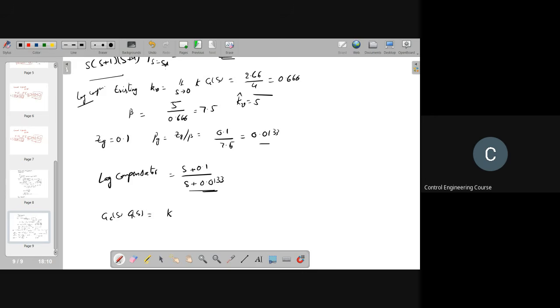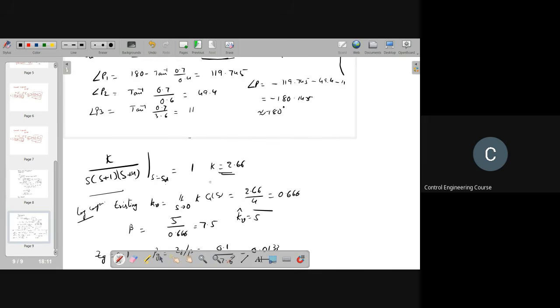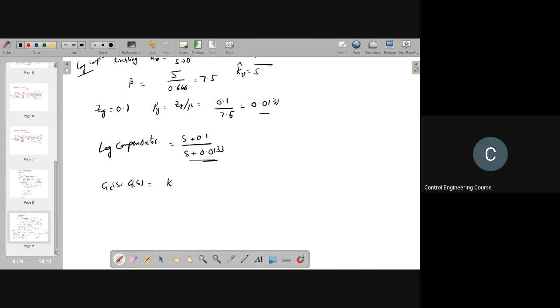Whatever we calculated at first is enough. You can take it, or even verify it. So the open loop transfer function is K into s plus Z_c by s plus P_c into G of s, which is equal to 2 point.